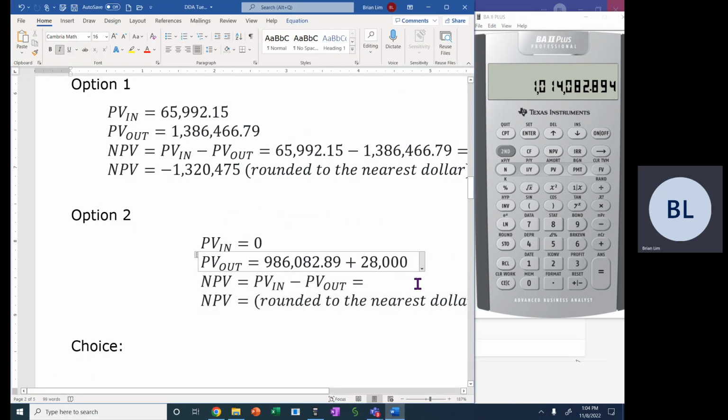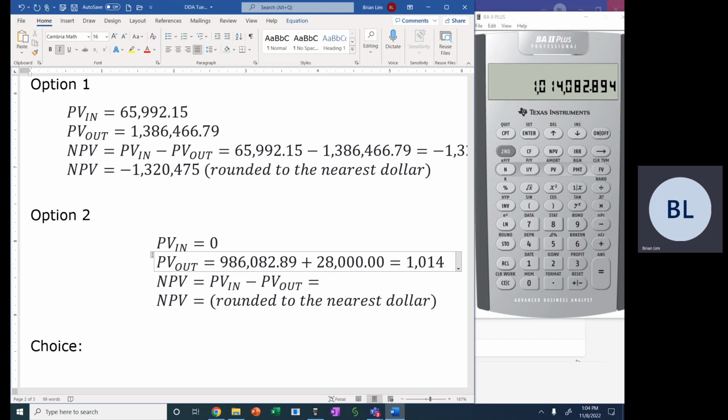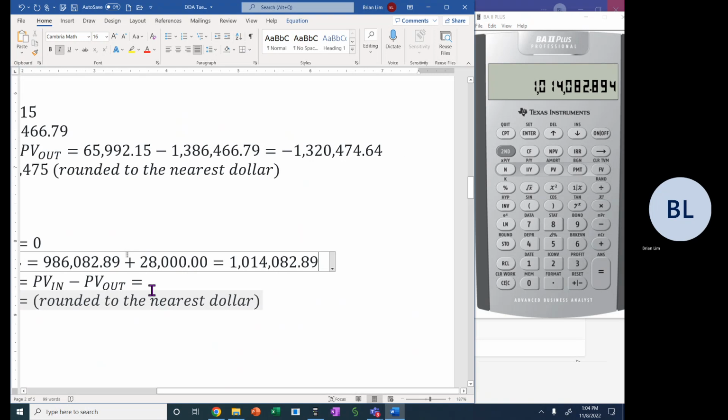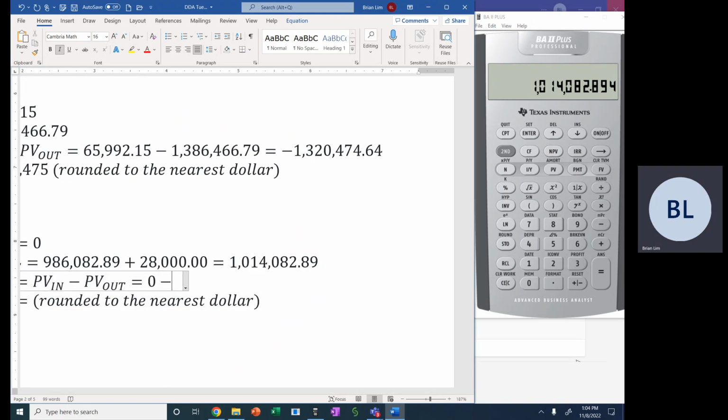All right, so let's do it right here. Maybe put in 0.00, put equal 1,014,082.89. Now PV in minus PV out, so we get 0 minus 1,014,082.89.